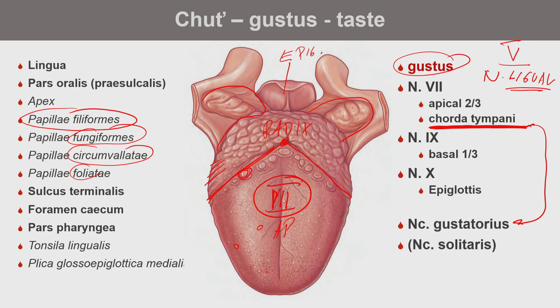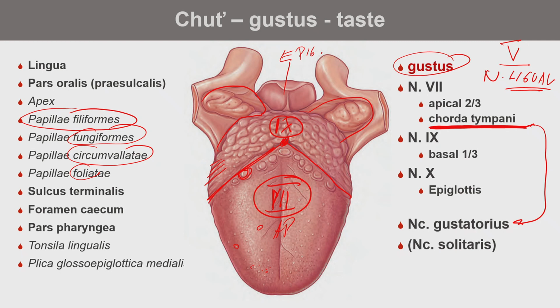For the basal third of the tongue, the taste information is taken by the glossopharyngeal nerve and then is led the same way into the gustatory nucleus, part of solitarius nucleus.